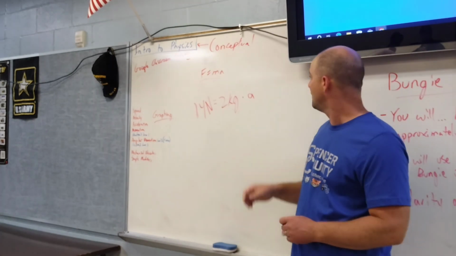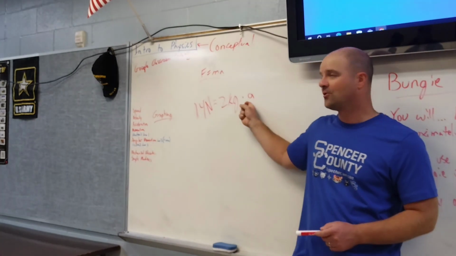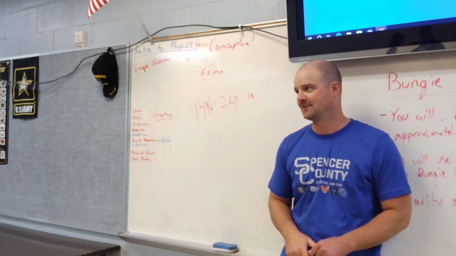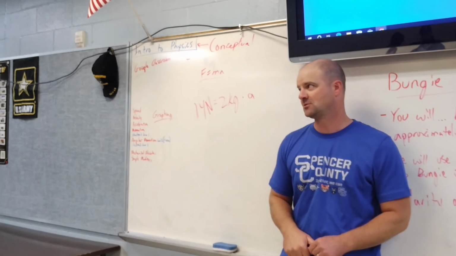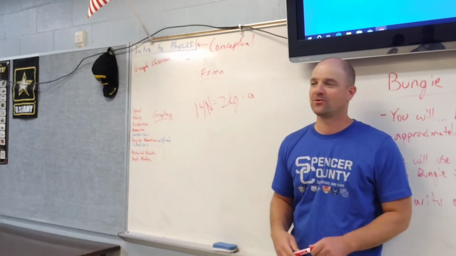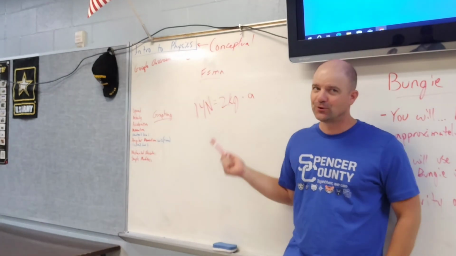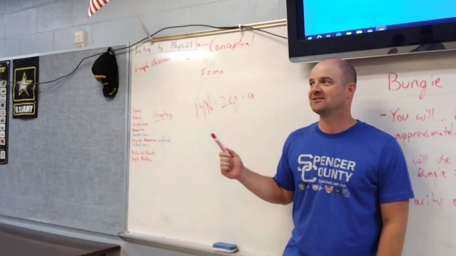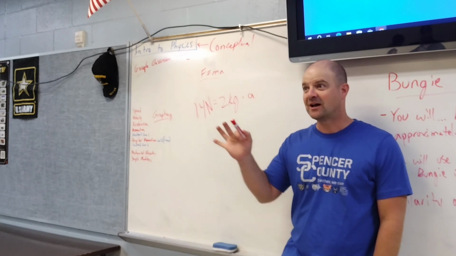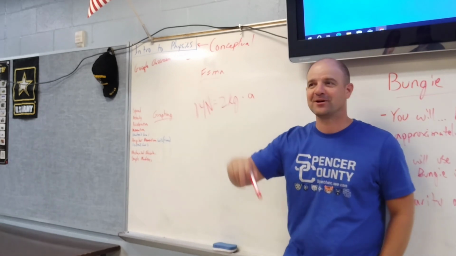Yes? So, if we're looking for variable A, what do I need to do to it? Starts with an I, mathematics. I'm looking for a variable. I have the other two. I need to get it by itself. It starts with an I. I need to isolate the variable.